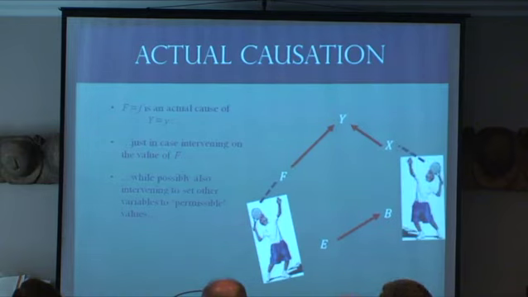A lot of the hard work goes into spelling out what counts as a permissible value. That I won't try to do in my 25 minutes or less. But the idea is fairly straightforward and comes out very naturally in this framework. Then the idea is whether, when you do this, the value of y changes. So there it's changing color. That's to let you know the value of y is changing as you do these interventions.